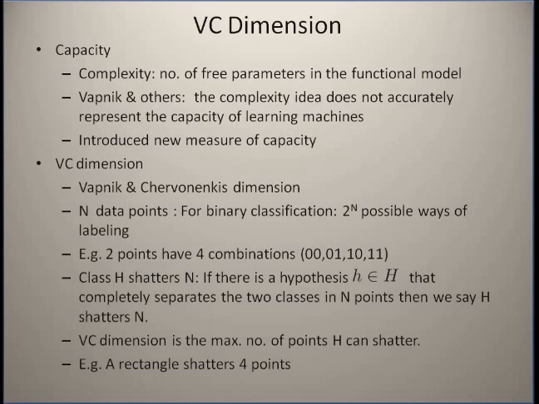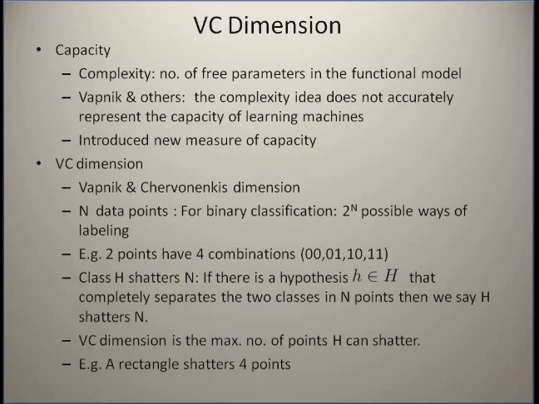Now, in order to understand VC dimension, first we have to understand the concept that a class H shatters n. This idea is basically that if there is a hypothesis h, that belongs to the class of hypotheses H, that completely separates the positive examples from the negative examples among the n points that we have, then we can say that H shatters n.